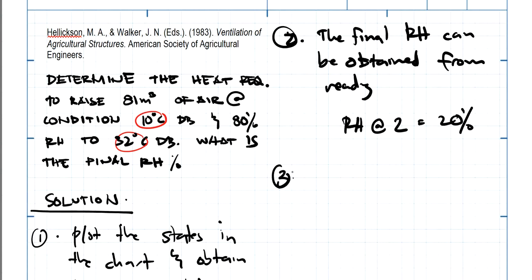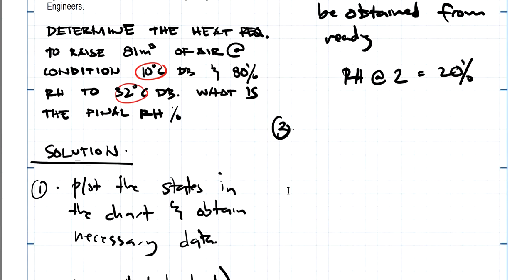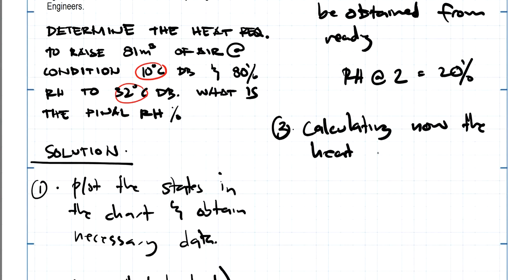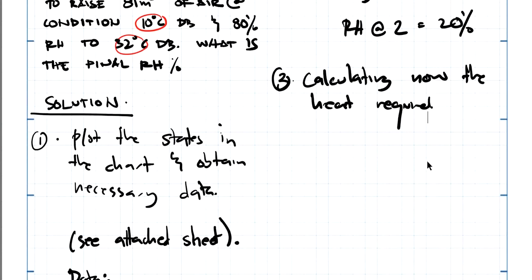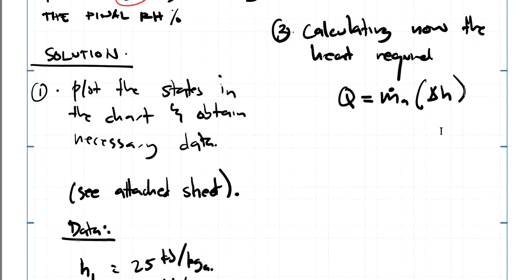Okay, next one is how much heat is required. So calculating now the heat required. Recall that the equation is simply Q is equal to m, the mass of the air, times delta H, the change in enthalpy, and of course we are referring to sensible heat.